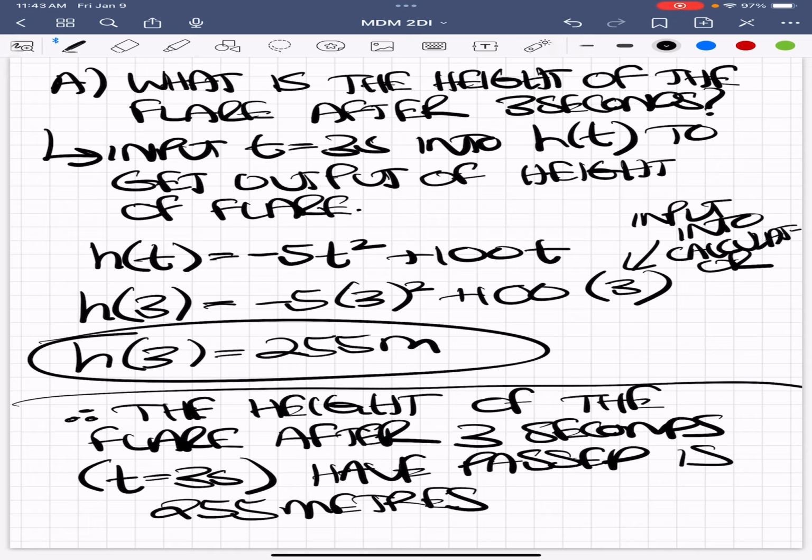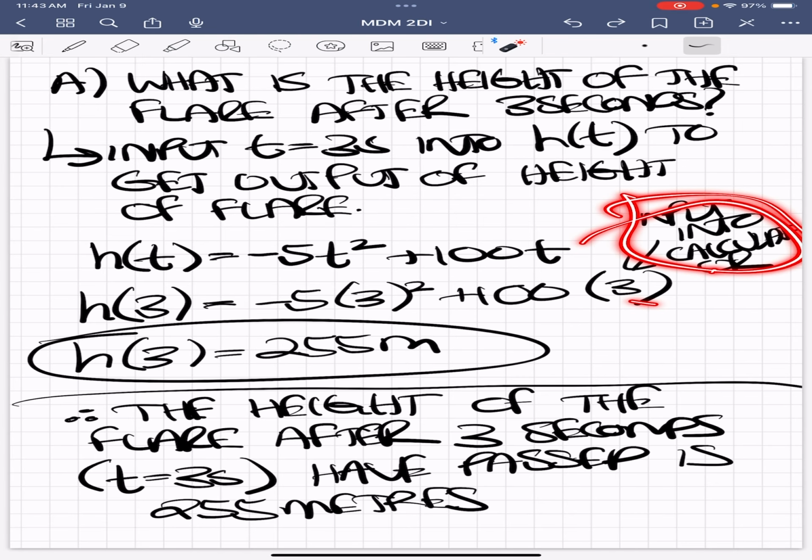So it's pretty simple. We just input t equals 3 into the position function, and then we get an output of height of the flare. So we inputted the value of 3 for t, and then we inputted that into our calculator, and then we get an answer of 255 meters.